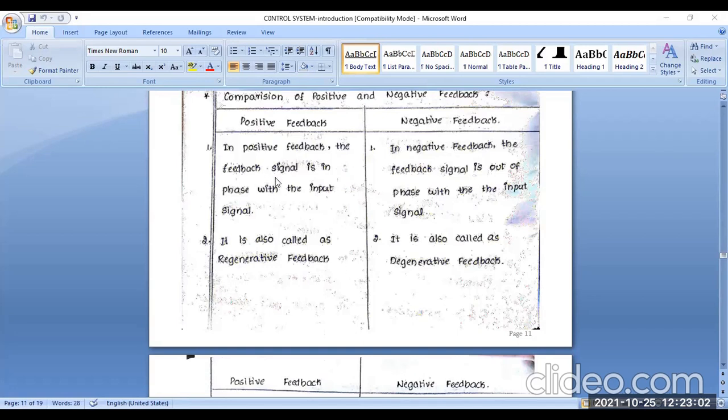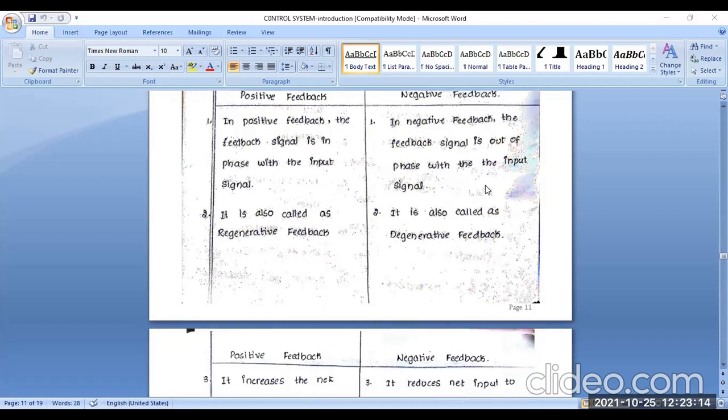In the positive feedback system, the feedback is in phase with the input. But in the negative feedback system, it is out of phase, that is 180 degrees from the input signal. Next, the positive feedback system is also called the regenerative feedback system, but the negative feedback system is also called the degenerative feedback system.